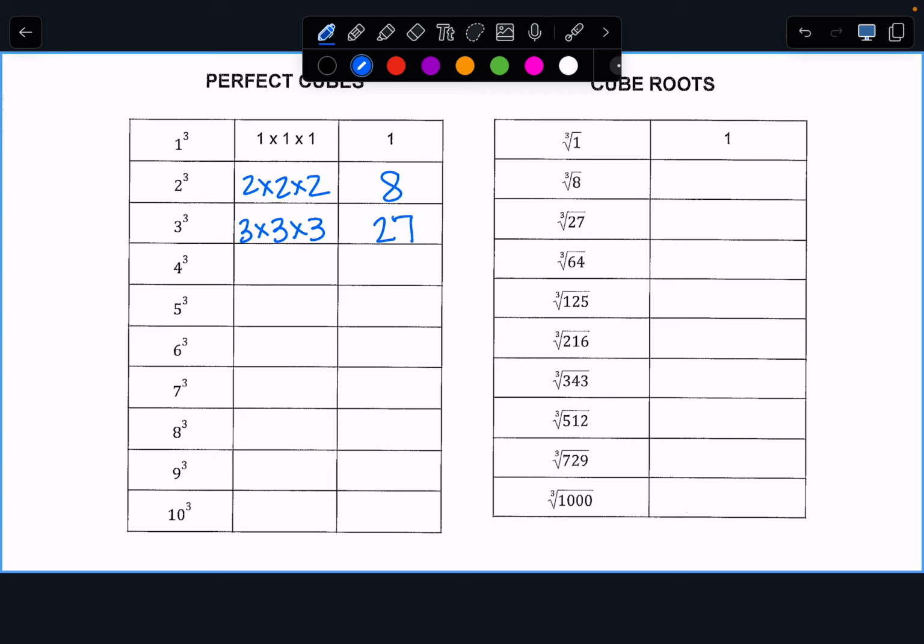Okay, we're going to fill out this chart just like we did for our perfect squares. 4 cubed means 4 times 4 times 4, which is 64. 5 cubed means 5 times 5 times 5, which is 125.